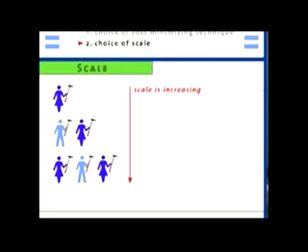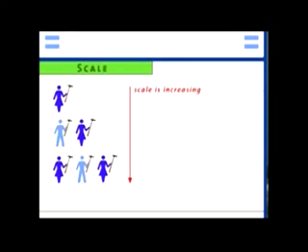Now, here's the question that we want to answer. How does the firm's productivity change as we change the scale of operation? In order to answer that question, we're going to need to define a concept very specifically, and that's the concept of economy of scale. What happens to the firm's productivity when the scale of its operation changes? Suppose we go from 1 worker with 1 unit of capital to 2 workers and 2 units of capital.